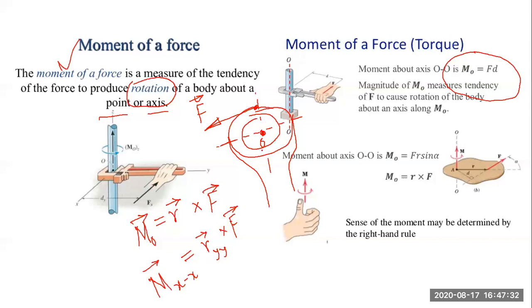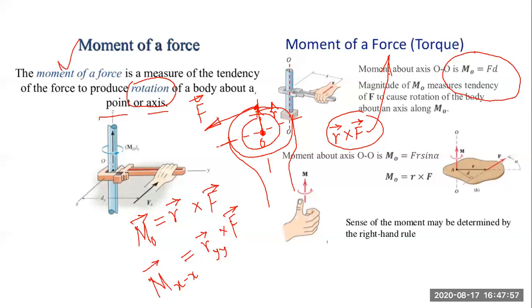This is nothing but, if that distance is r, the position vector r. So I can write r cross F, the force produced. So this is the amount of the moment produced by the force F about point O.